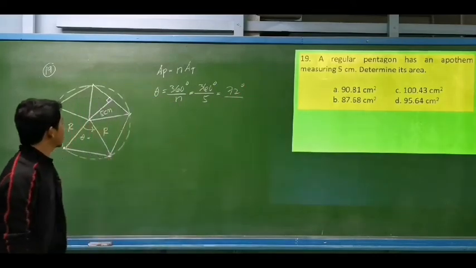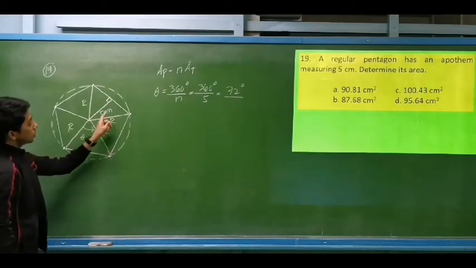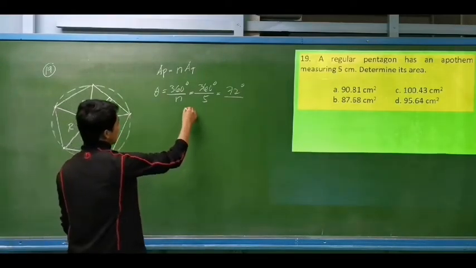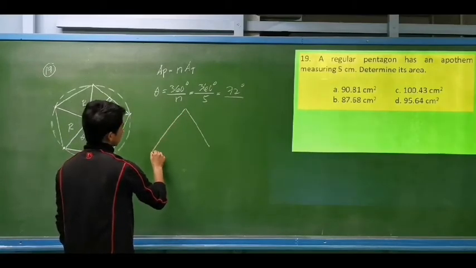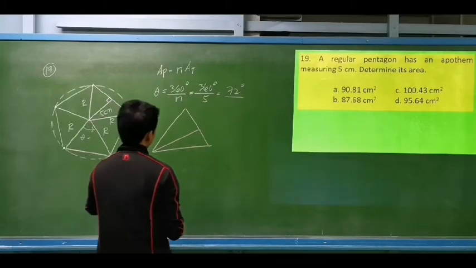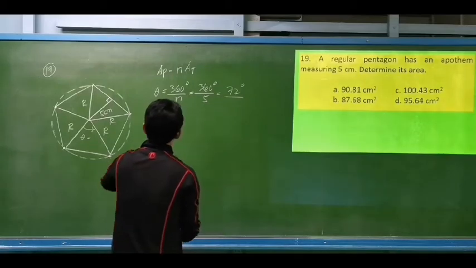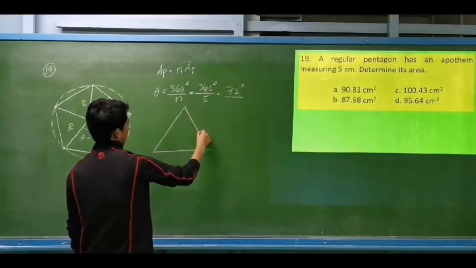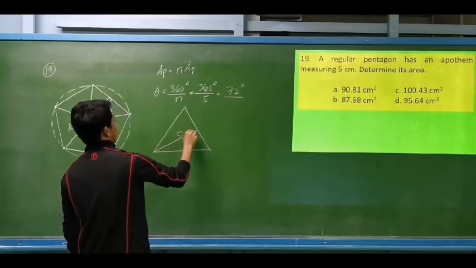Okay? Tapos, wala pa tayong R. Kailangan natin yung R. So, isa-separate lang natin yung triangle na to, yung may apothem. Diba?